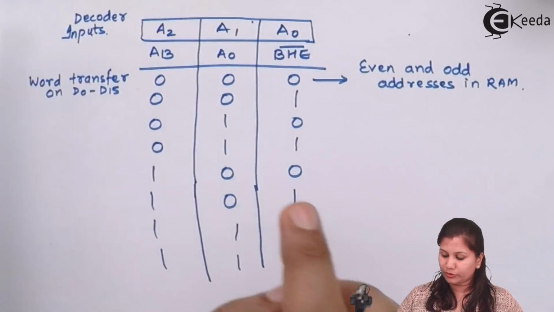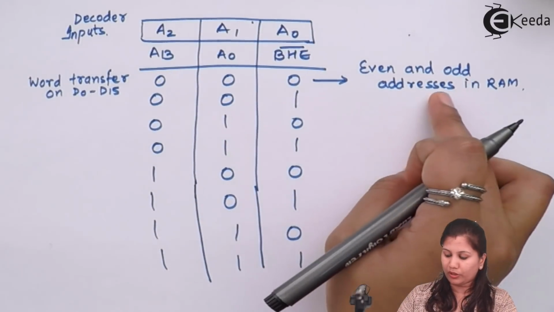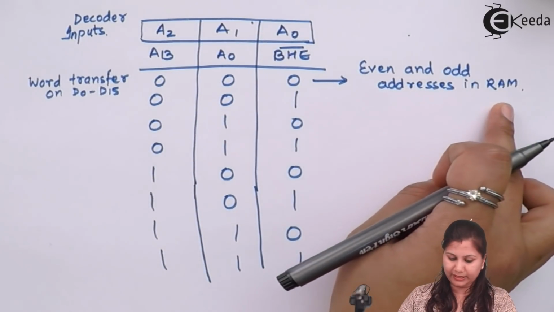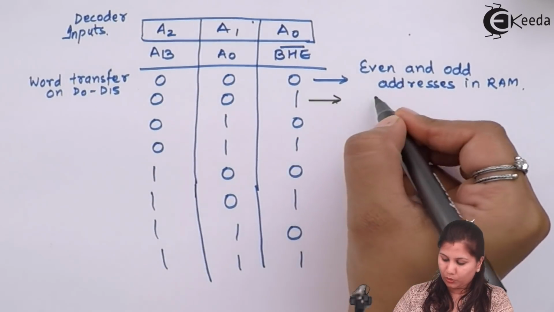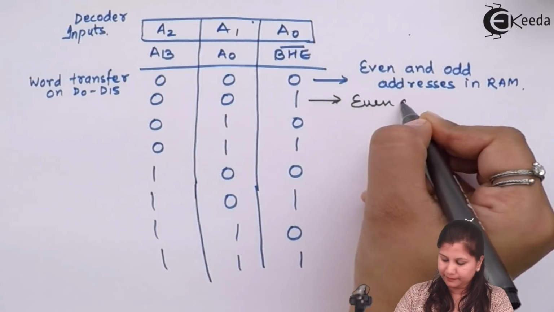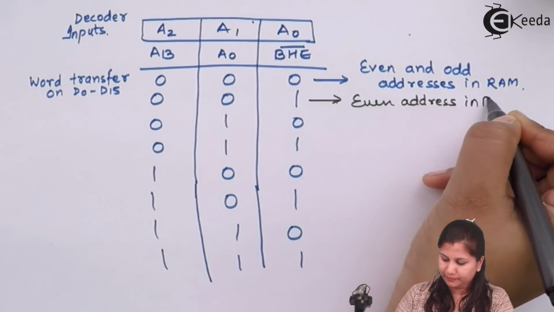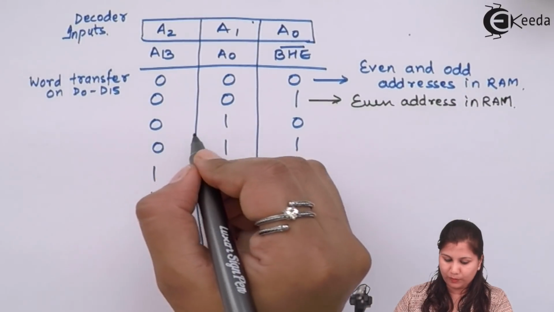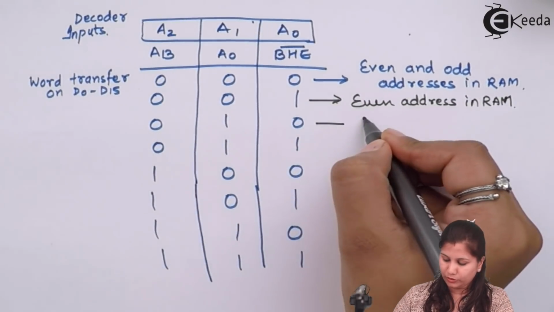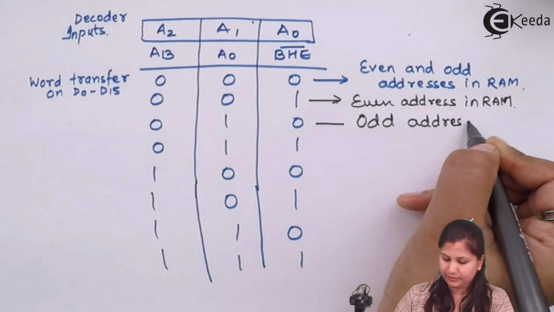If we use the first combination 0, 0, 0, then even and odd addresses in the RAM will be selected. If we use 0, 0, 1, then only the even address in the RAM. If we have 0, 1, 0, then only the odd address is there in RAM.